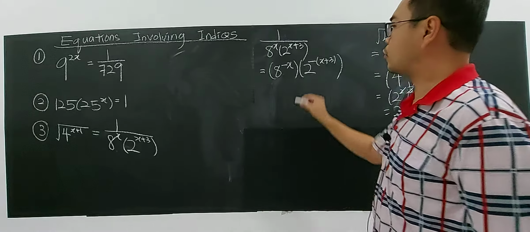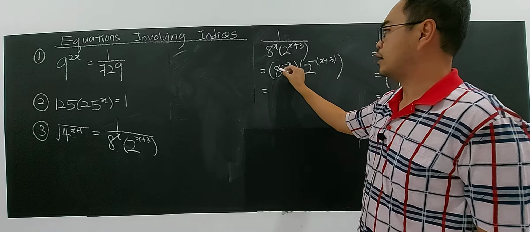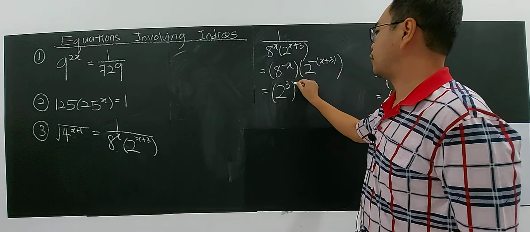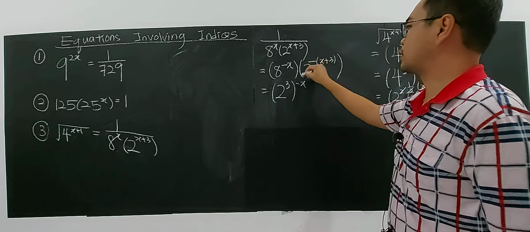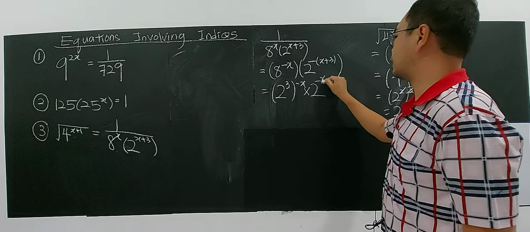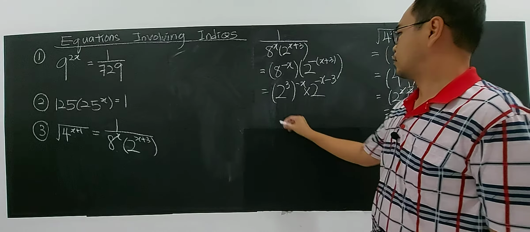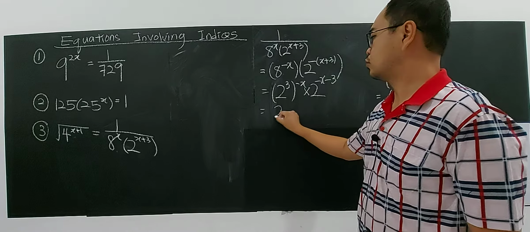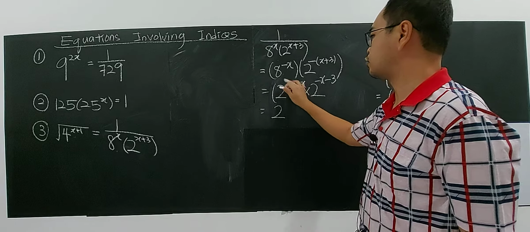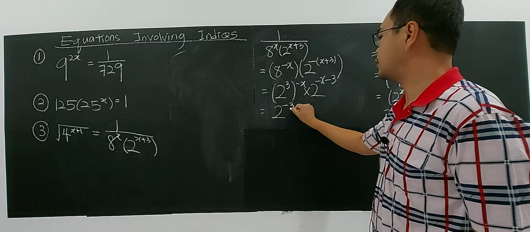Alright? Then you convert, because 2 is the smallest base, so you convert the 8 to become 2 to the power of 3 and power of negative x. Okay, this one, the bracket I rewrite as 2 to the power of negative x minus 3, right? Now you see how I do it. 2 to the power of 3, and again you power of negative x, so you multiply, you have negative 3x.